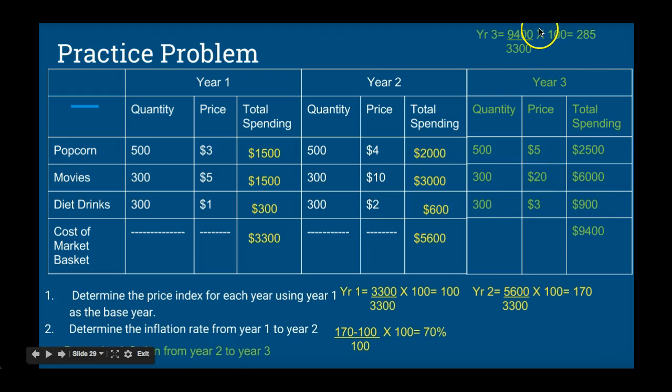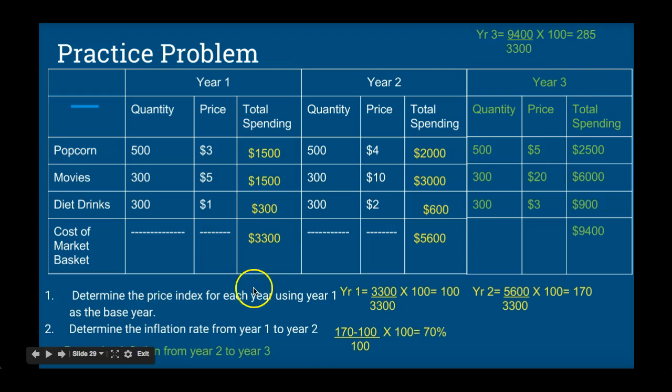So I have to find the price index for year 3, and I ran out of room down here, so I moved it up here. So 9,400, which is the year I'm interested in, divided by the base year cost of the market basket. Remember, year 1 is still our base year, so divided by 3,300, multiplied by 100. So 9,400 divided by 3,300 times 100 will give us 285.